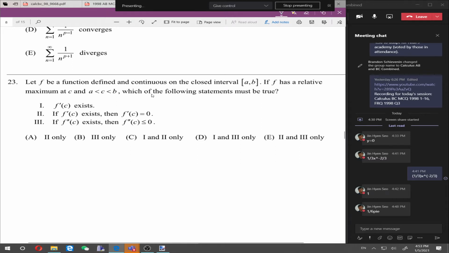True. Okay, so this one's actually false, but can you tell me why? Or give me a counterexample.